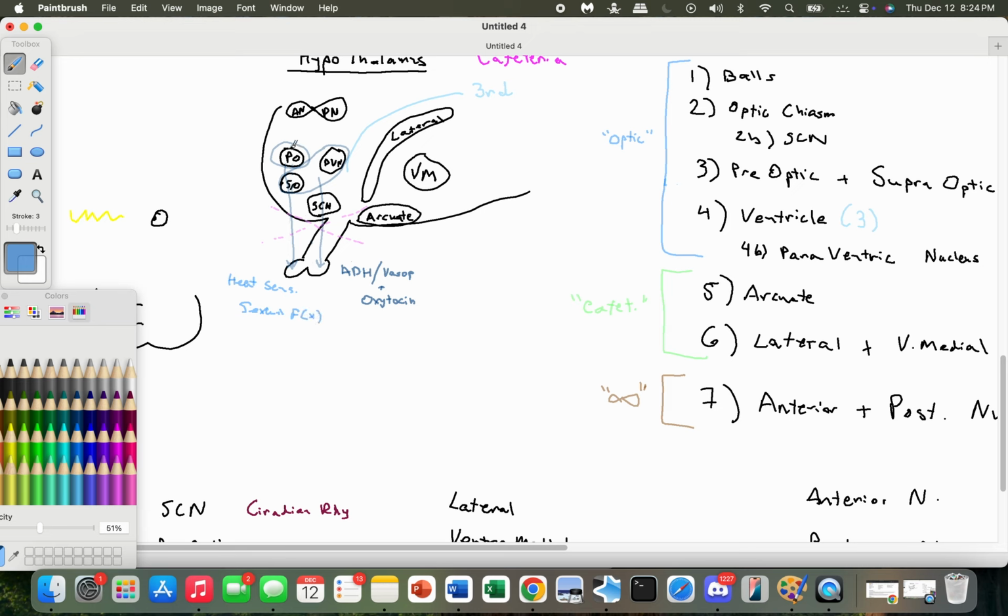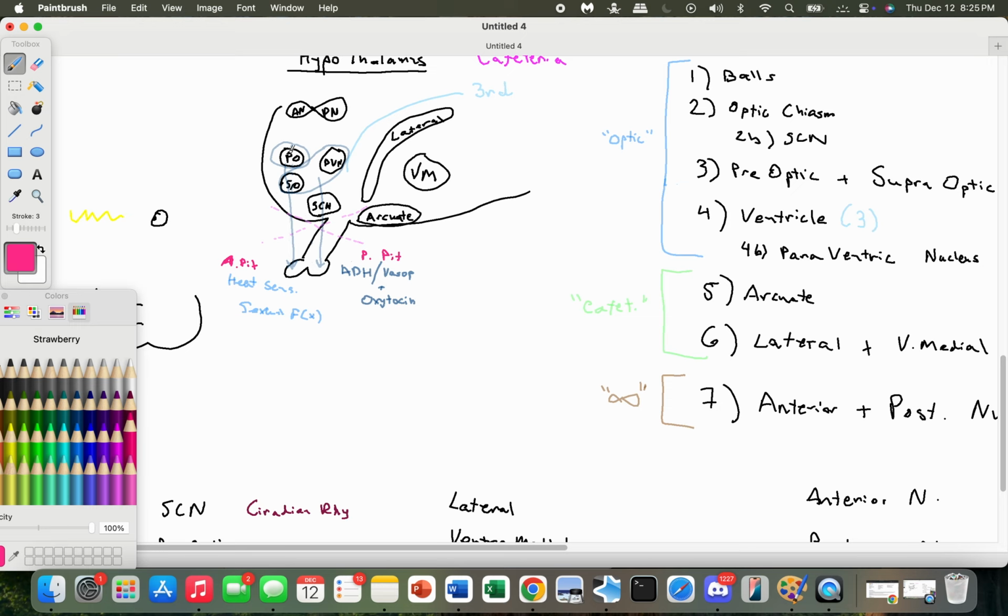Okay, so this group, which has the preoptic, goes straight to the posterior pituitary. And this group with the supraoptic and the paraventricular goes to the, this is the posterior pituitary. This is your anterior pituitary.